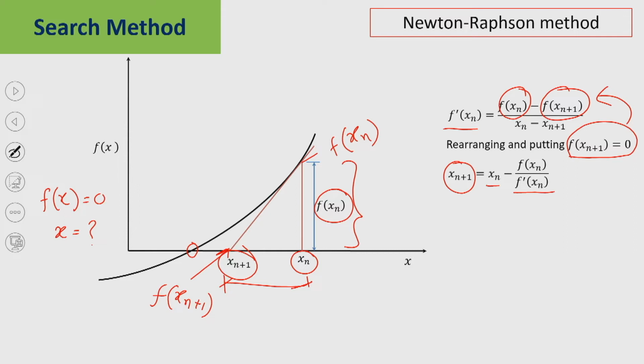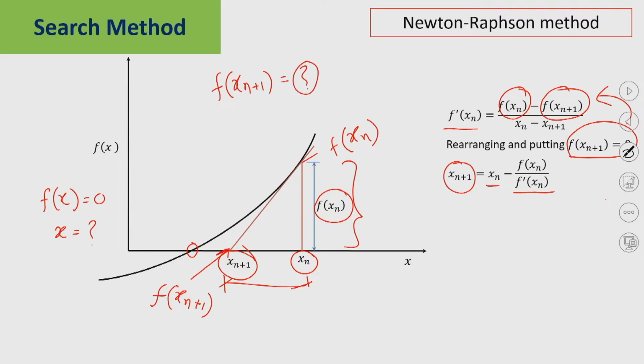But x n plus 1 is not necessarily the root of this function. I can check the value of f of x n plus 1. If this value is not 0 or near to 0, then it is not the root of this equation.